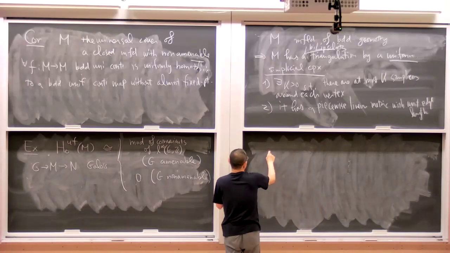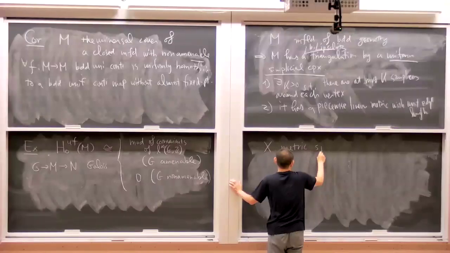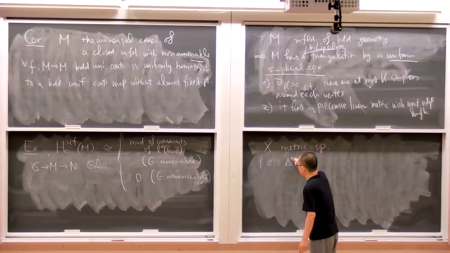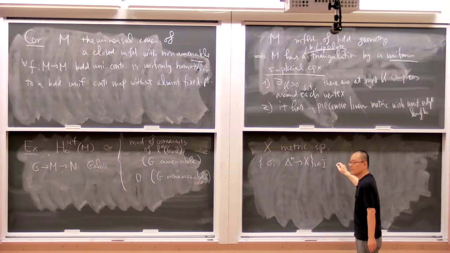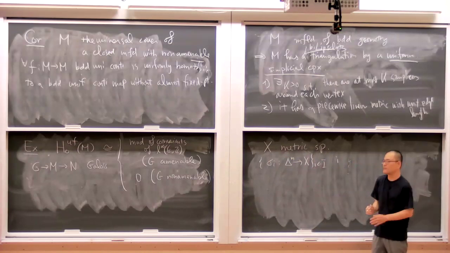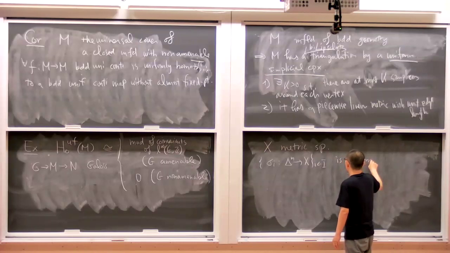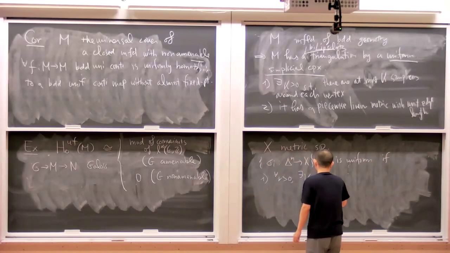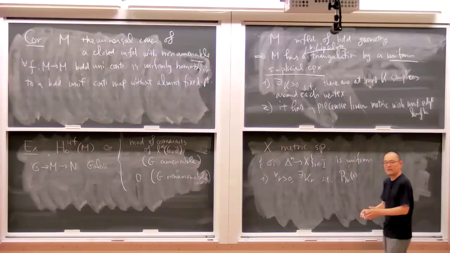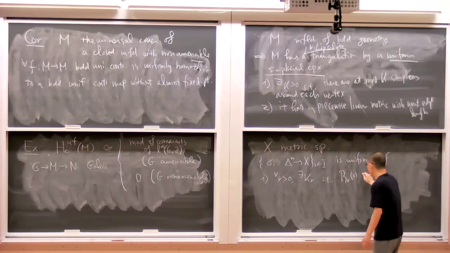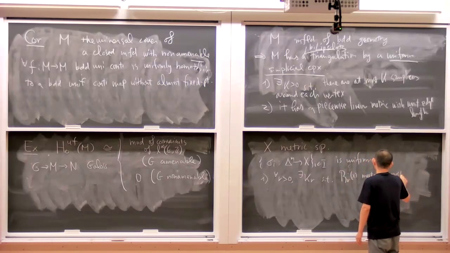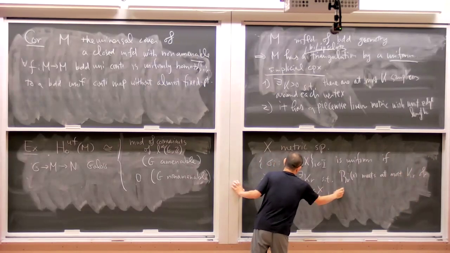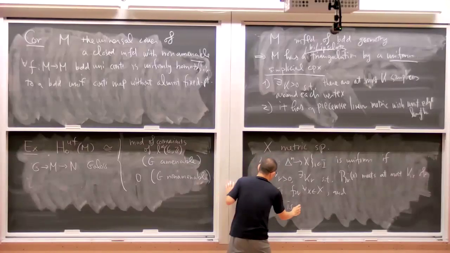Now let X be a metric space. We say that a family of singular n-simplices sigma_i in X is uniform, not all the singular n-simplices, if for any R there is K_R such that the ball B_R(x) around x with radius R meets at most K_R of the sigma_i for any point x, and it is equicontinuous.